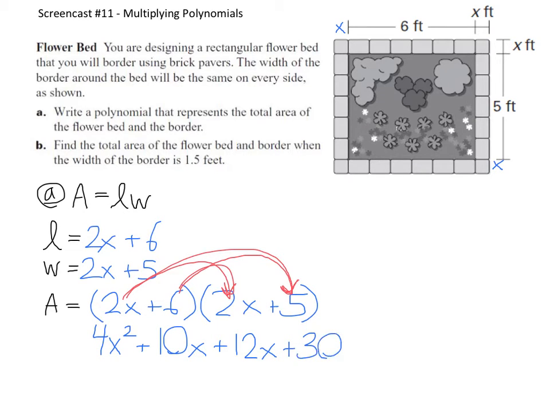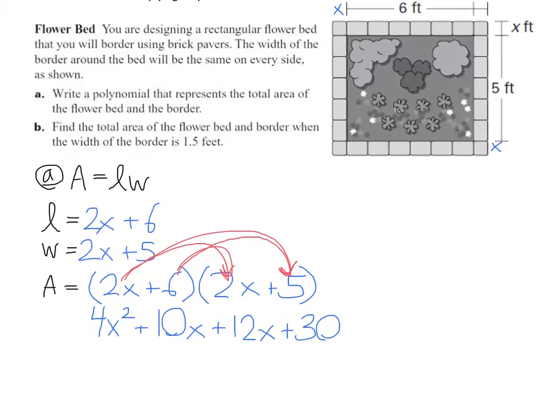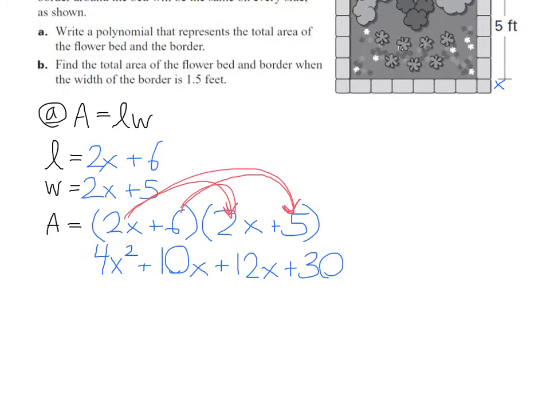Now what we cannot do is leave it like this, because we always must simplify as much as possible and then put it into standard form, another word for which is descending order, which means the degrees of the polynomial must go from greatest all the way down to least. So right now we look at this and ask, do we have any like terms? It appears that we do. You see these two middle terms right here, 10x and 12x.